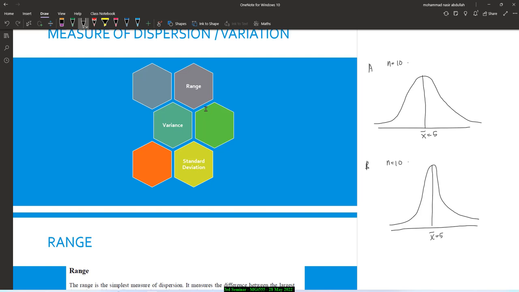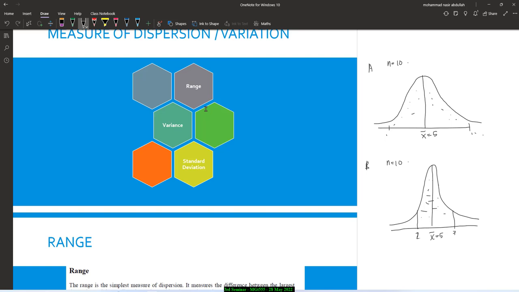So we want to know which playground has a consistent age of children. If we look here, the data is more spread out. So maybe there are children aged 1 year or less than 1 year, or more than 10 years. Here, the distribution is narrower. So maybe the ages here are only about 3 to 7 years.